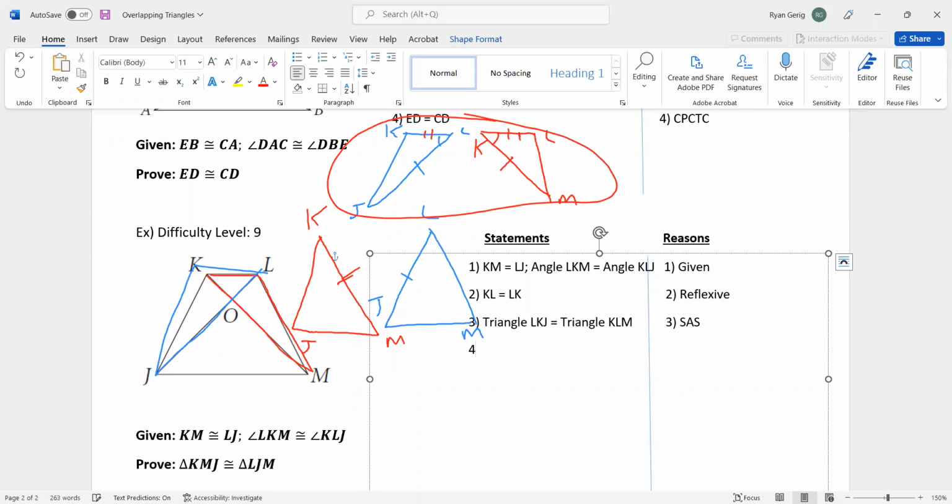Now, what does that allow me to do? Well, it allows me to use CPCTC, right? And I can kind of pick what I want here. And what I'm going to pick is KJ is congruent to LM.